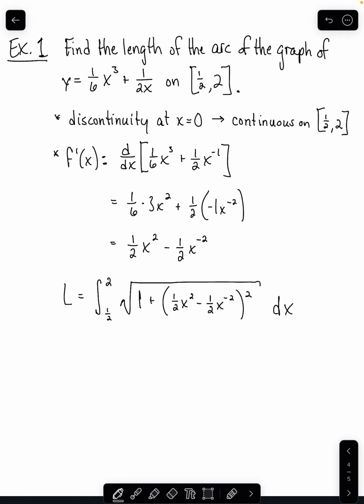We then have the outer products and the inner products, which actually are the same thing. So we're going to have 2 times the outer times the inner. So 1/2 x squared times negative 1/2 x to the negative 2.